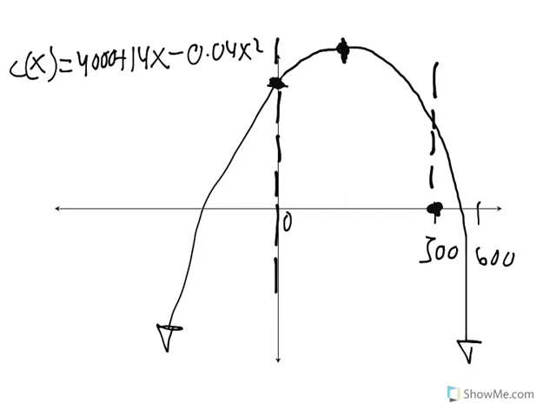A critical point is where the derivative of the function equals 0. So first we want to figure out at what number of apartments the derivative of this function equals 0. The derivative is the slope of a line that's tangent to this function.